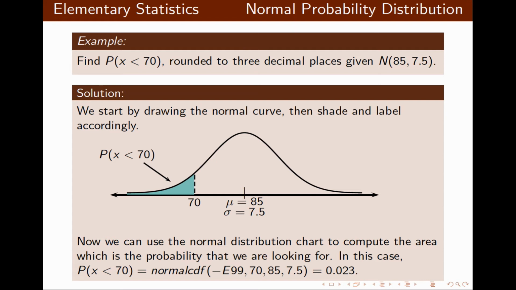Using the TI command normal CDF, our lower value will be negative E99, upper value 70, mean of 85, and a standard deviation of 7.5. Rounding the answer to 3 decimal places, we get 0.023.